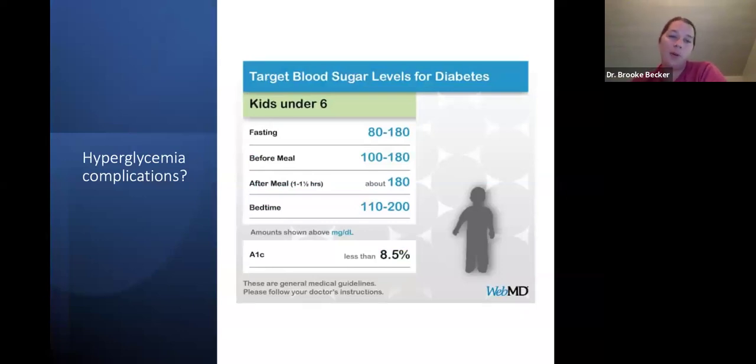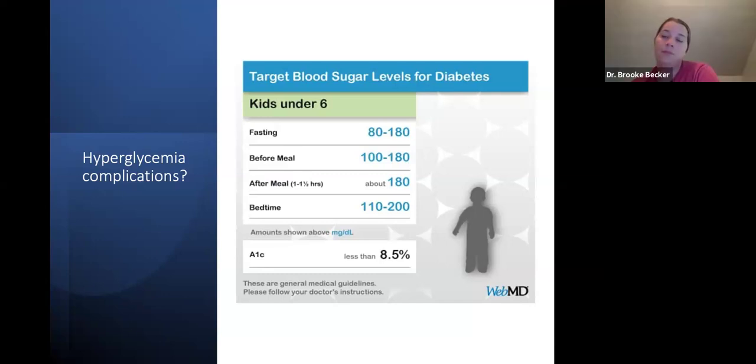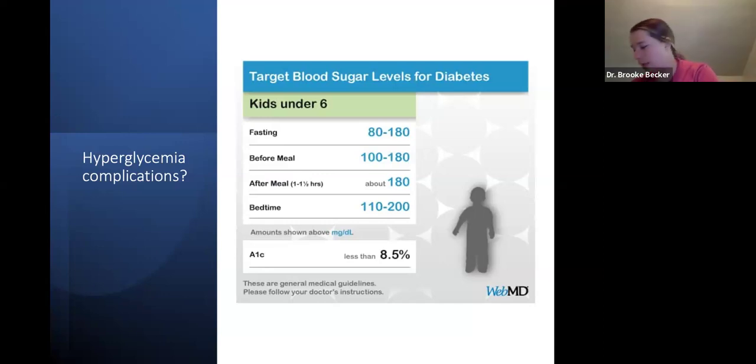Okay. Hyperglycemia complications. So what sort of things do you see if a kiddo's hyperglycemic? Breath smells. Uh-huh. Flushed cheeks, possibly. Yeah. What's their mental status going to be like?